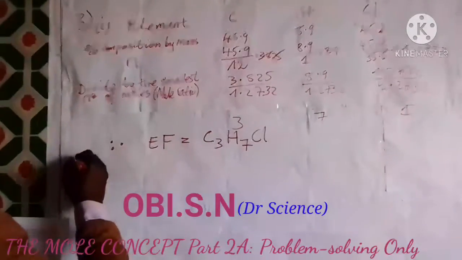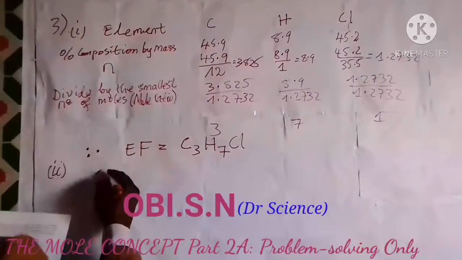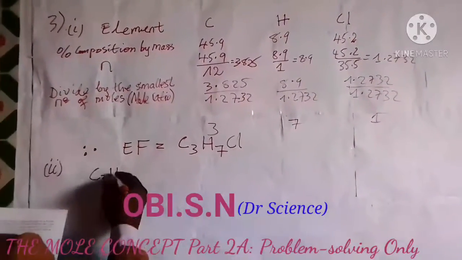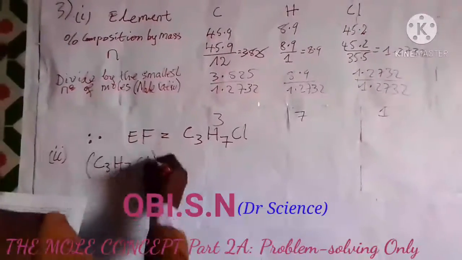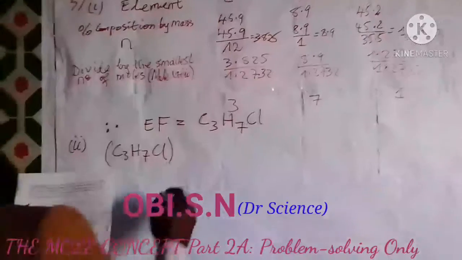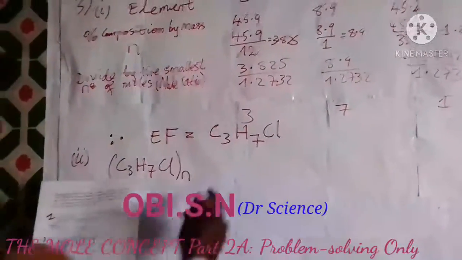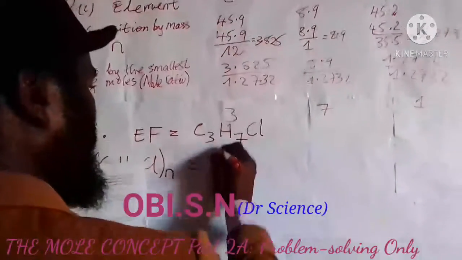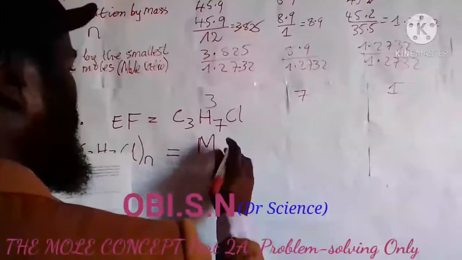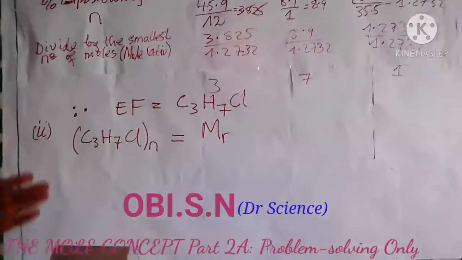Small Roman 2, we have C3H7Cl multiplied by this factor n is equal to the molecular mass, or the relative molecular mass of that compound.